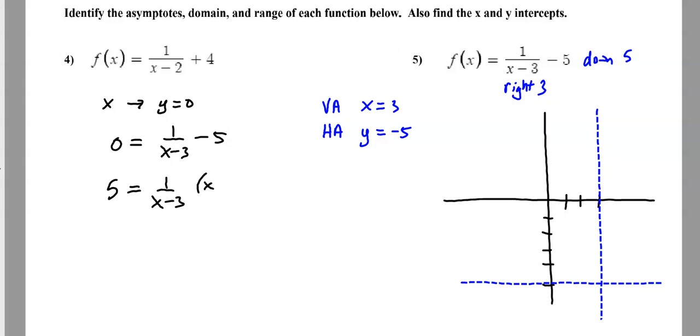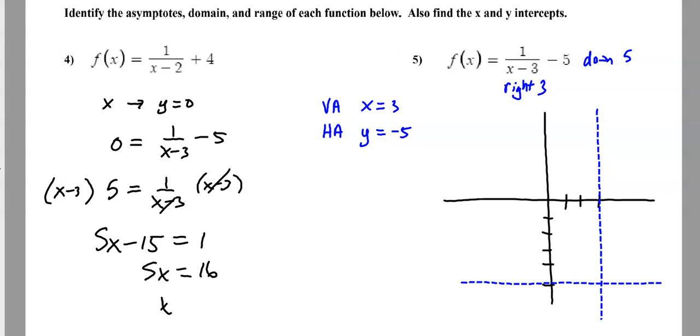Multiply both sides by x minus 3. 5x minus 15 equals 1. 5x equals 16. So divide by 5, divide by 5. 3 1/5, or 3.2. So my x-intercept is just past 3, at 3.2.